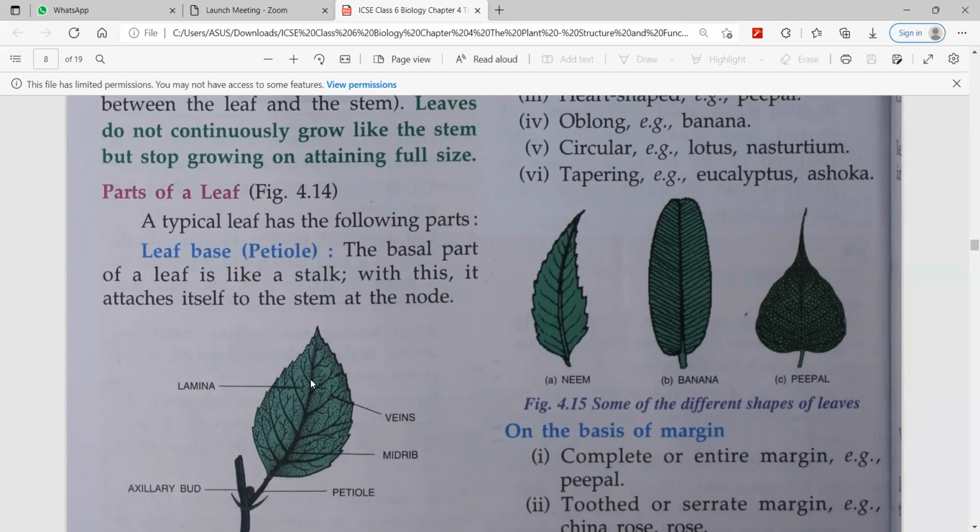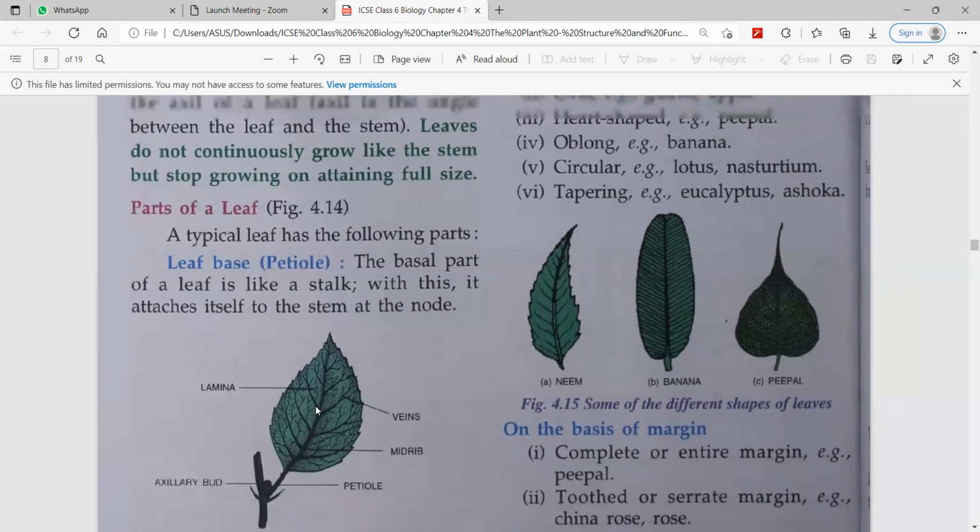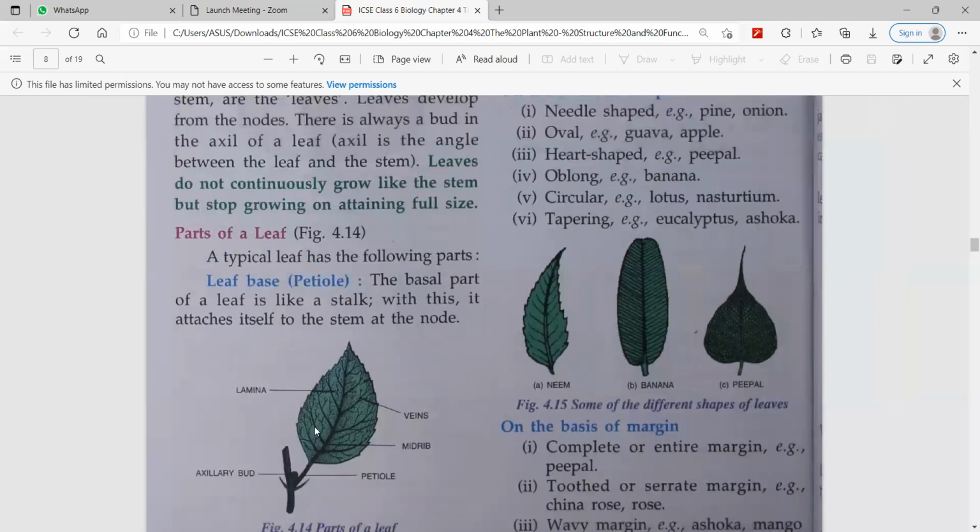The main vein is known as midrib, and the branches that arise from the midrib are known as veins. So the first part is the petiole, that is the stalk of the leaf from where it is attached to the stem.